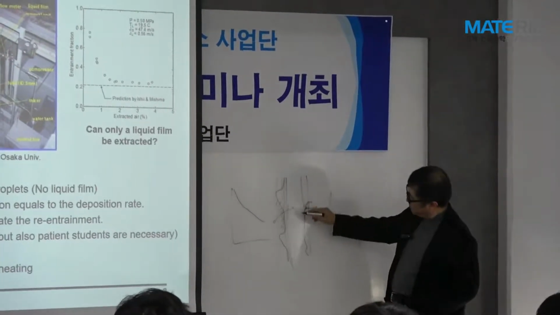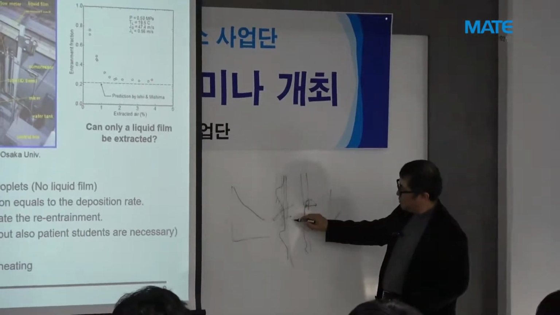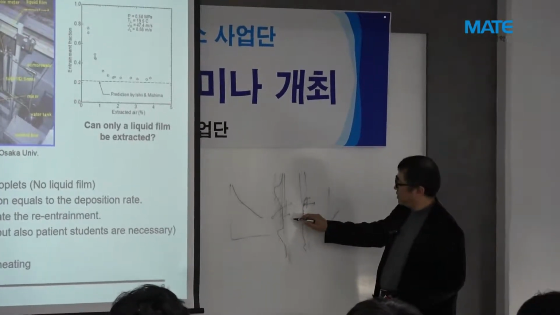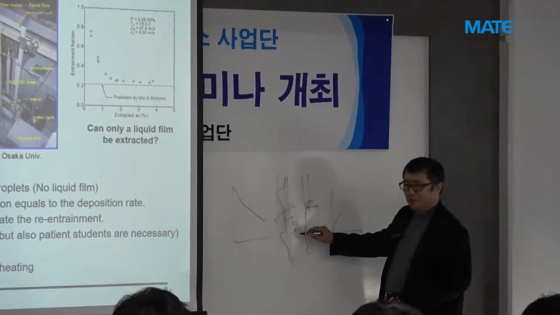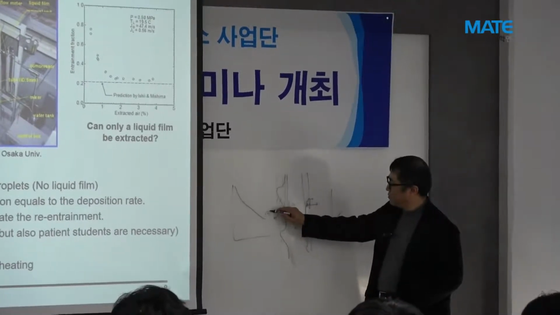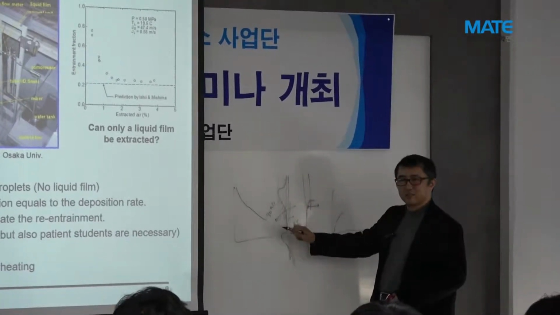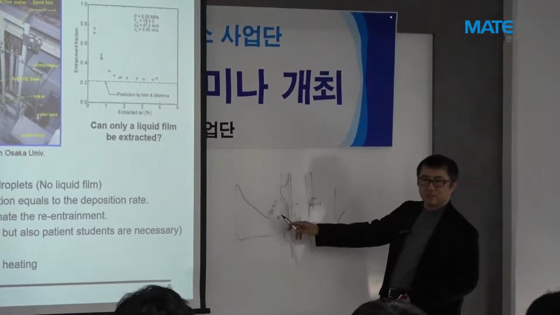However, you know how fast the liquid film is. Typical velocity may be 0.5 meter per second, for example. And the droplet, how fast? It is, for example, 30 meters per second. Inertia is very, very different between the liquid film and the droplet.